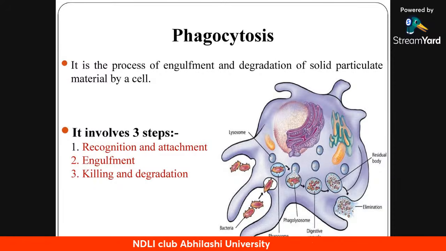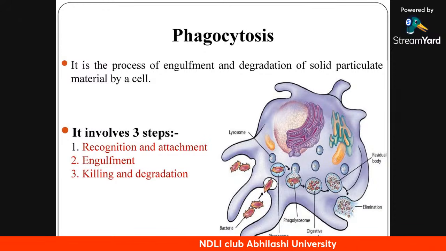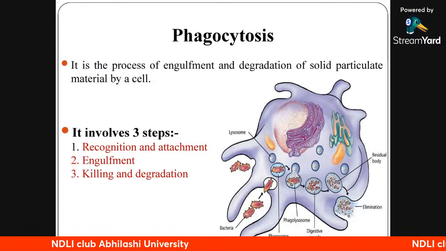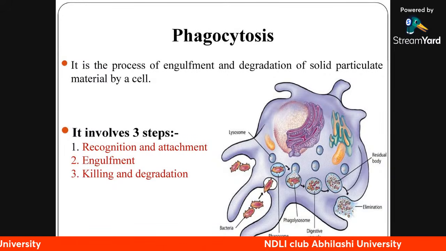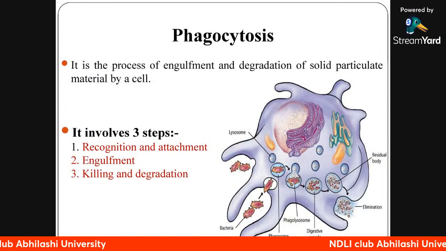Phagocytes recognize and bind to the microorganism through surface receptors on macrophages. After attachment, the microorganism is engulfed by the phagocyte by the formation of cytoplasmic pseudopods around the particle.